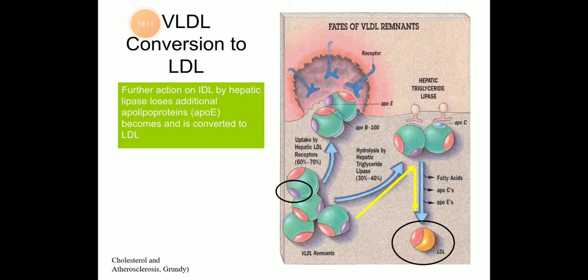A part of VLDL is converted to LDL, and as I mentioned before, a part is initially converted to IDL and then to LDL. These LDL particles are formed as a result of catabolism of IDL in the hepatocytes, and LDL particles are almost 2% of the size of VLDL particles and 0.02% of the volume of a chylomicron.